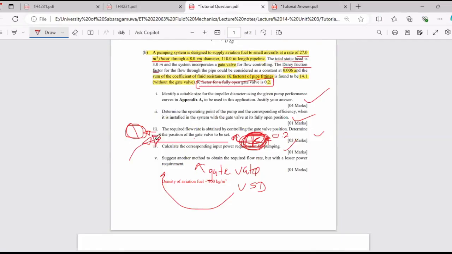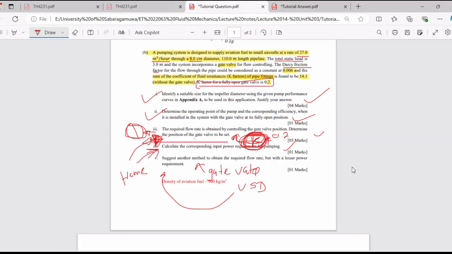This is part 3. Please try it at home. You can get K equal to some value. Then you will receive some value for K. Please try this one at home, and I already did this part, this one, and this one you can calculate at home.